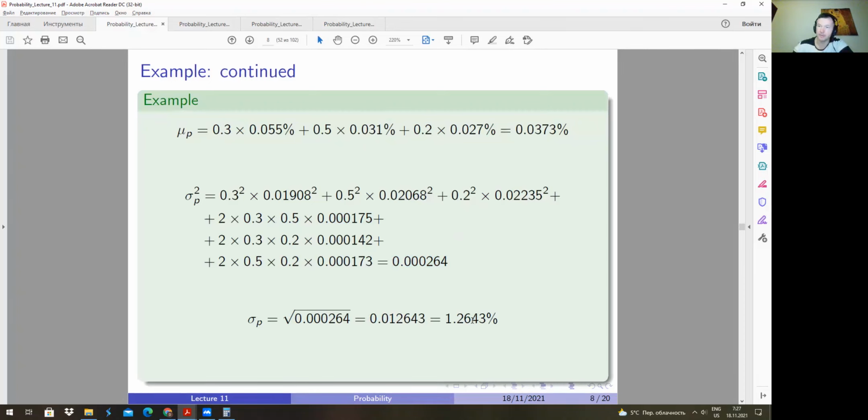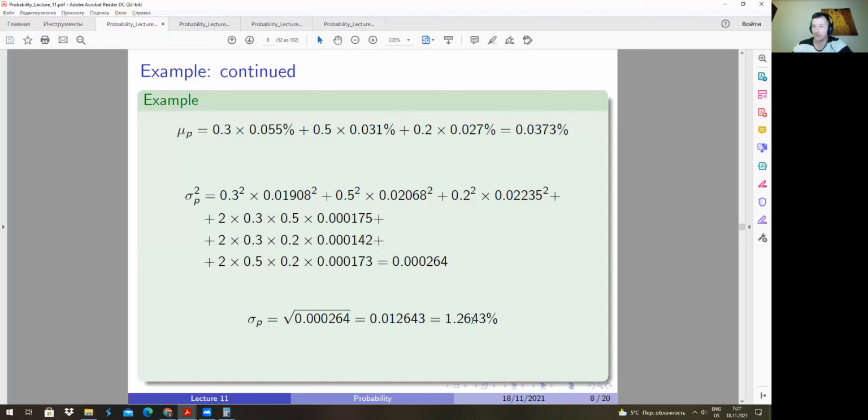And then this is the illustration. You have probably heard about the idea of diversification. Don't put all your money into one stock. Try to diversify. If you are buying stocks, try to buy different stocks which do not have perfect correlation of their returns.